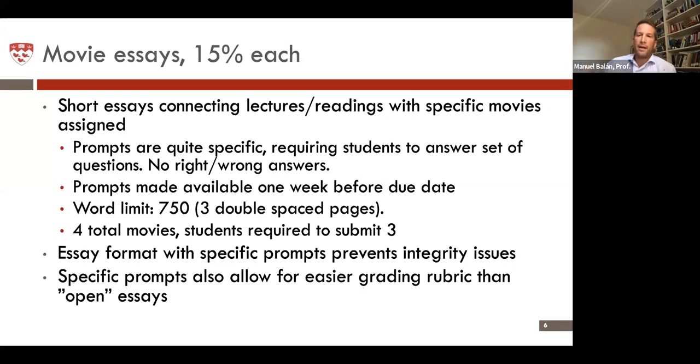So again, avoiding open essay questions is a good strategy here to minimize how much time it takes to grade these essays. Also, strict word limits on everything. For large classes, I think that's key.